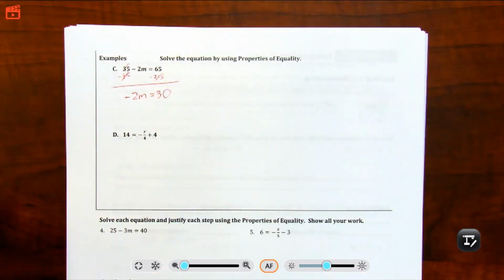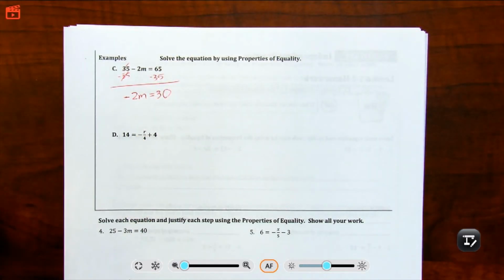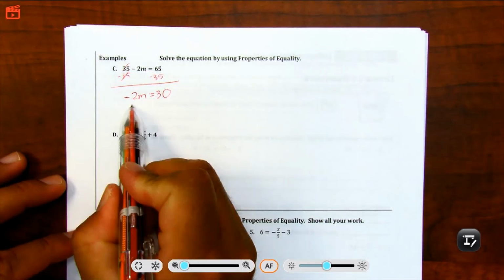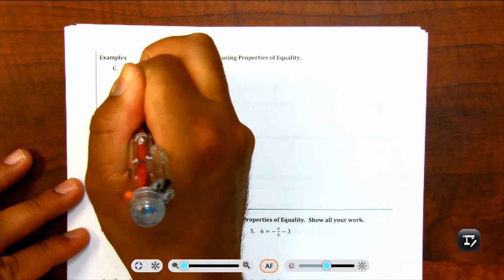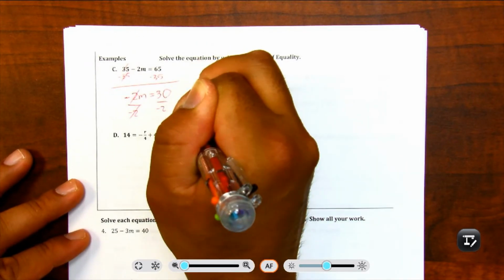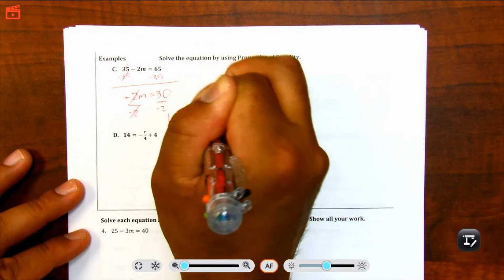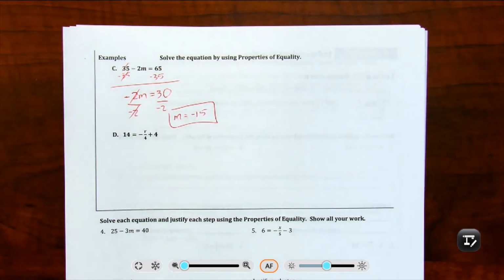Next, we're going to use a division property to divide both sides by negative 2, and m is equal to negative 15, because again, a positive 30 divided by a negative 2 is a negative 15.